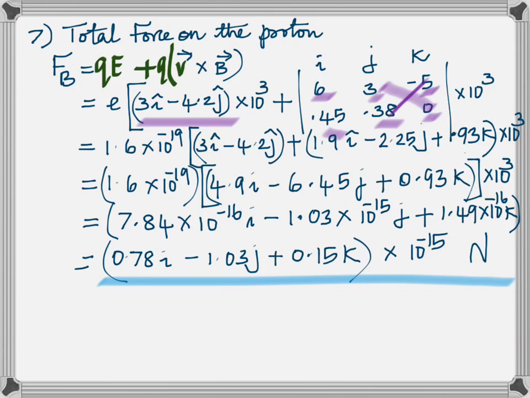When you find the j, you put a negative and you go 6 times 0 minus 5 times 0.45. And when you find the k, you go 6 times 0.38 minus 3 times 0.45. That's how you take the cross product. I hope that makes sense.